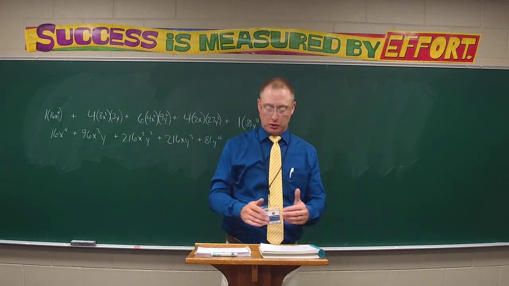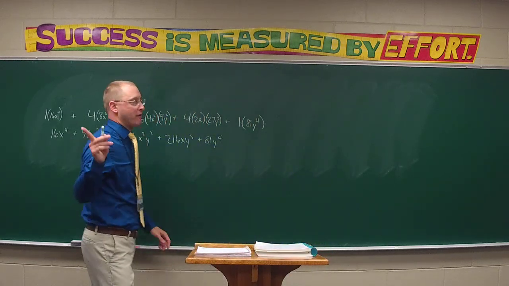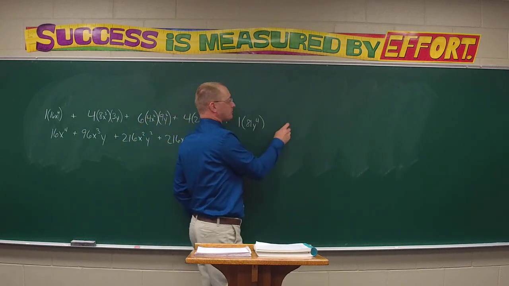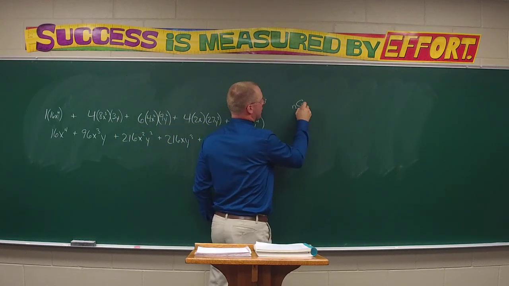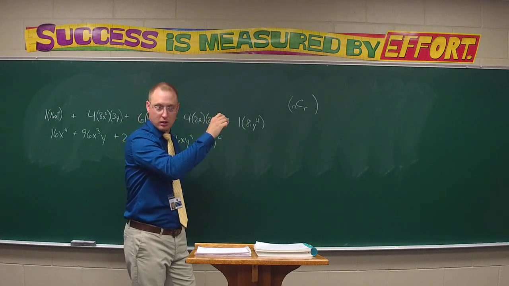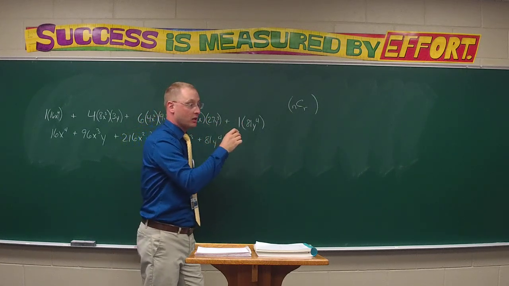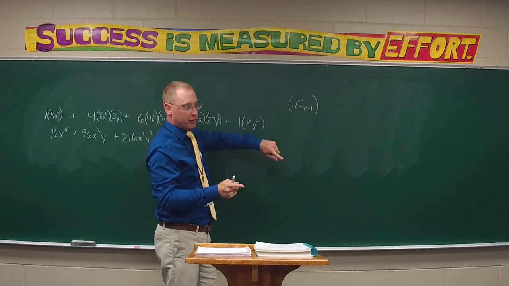All right, then for 33 through 36, the last half of the homework, the binomial formula. What is that formula? Brandon? NCR times... Close. R minus 1. So it's NCR minus 1, where R is the number of the term we're finding.